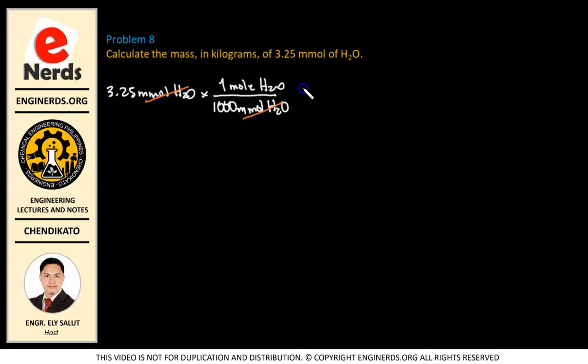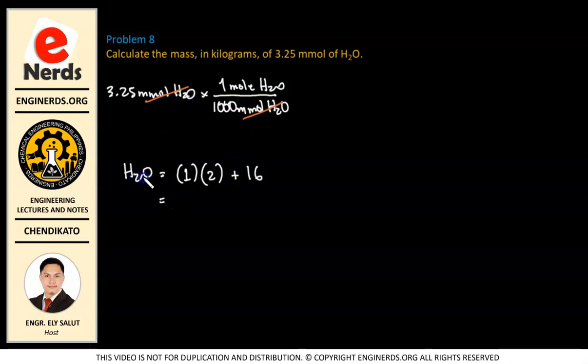We need to convert this now into the weight, right? So we know that for water, so let us write that here. What is the formula weight of water? For hydrogen, we have 1, but we have 2 hydrogens here, so we're going to multiply that by 2. Plus for oxygen, we have 16.